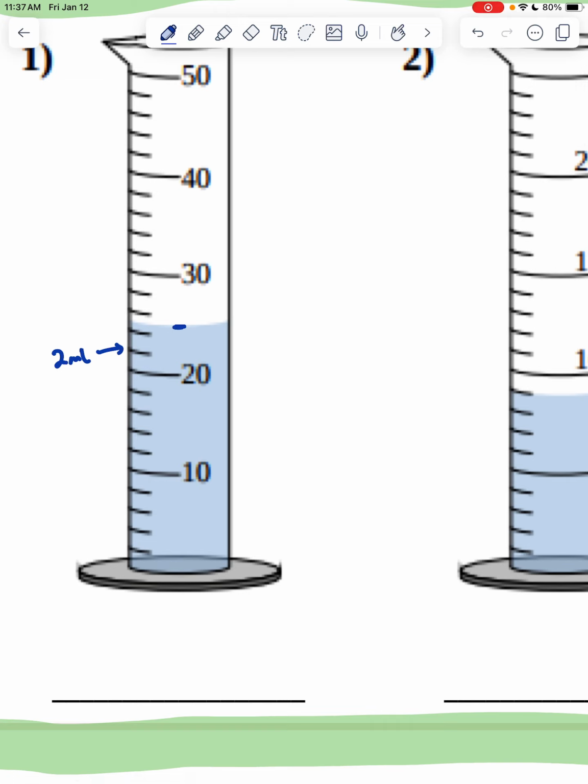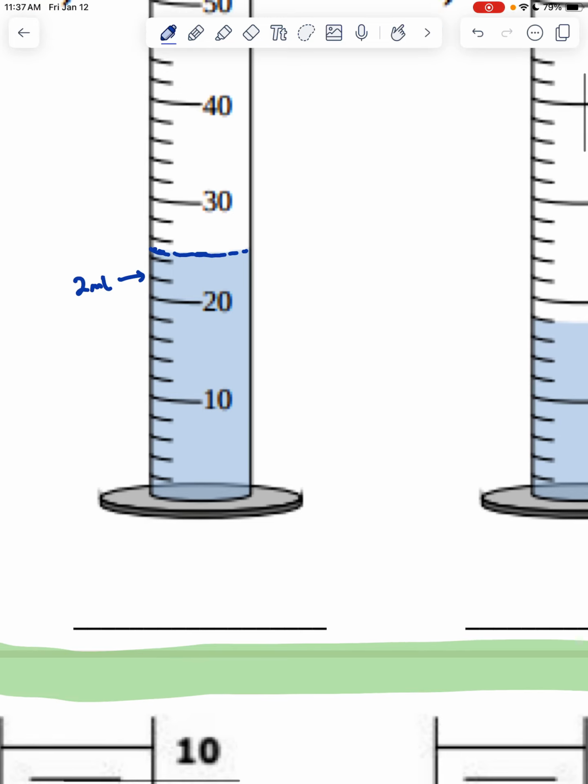We want to figure out, what numbers do we know for sure? We see that it's right in the middle between what would be 24 and 26 milliliters, which means this can go a couple of ways, but if it's right in the middle, then maybe I want to say that it's about 25.